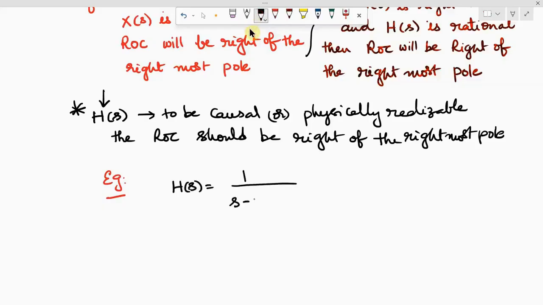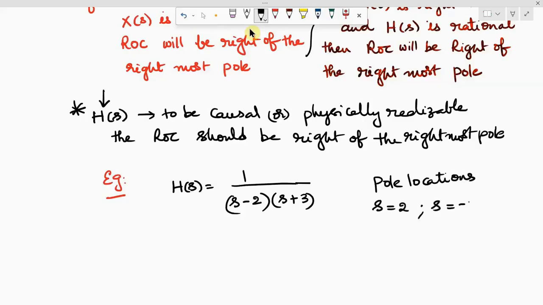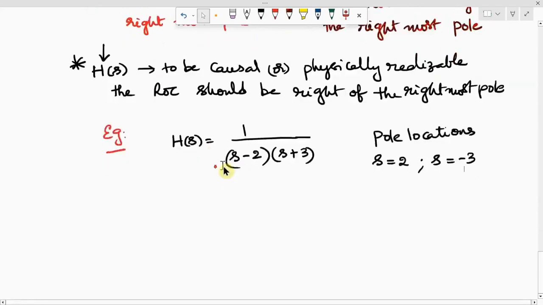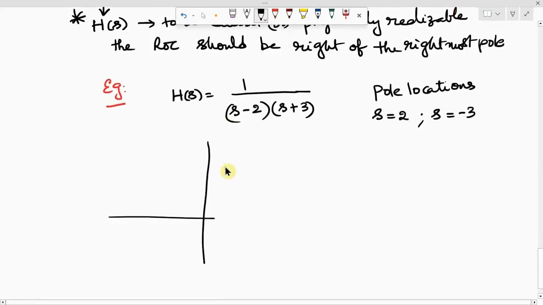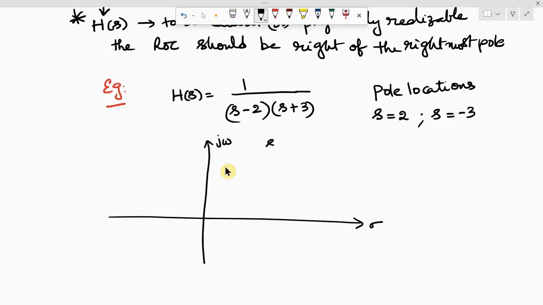Okay. Now see, I'm going to write a transfer function as an example, having two poles: s minus 2 and s plus 3. Tell me, what are the pole locations? s equal to 2 and s equal to minus 3. If we represent that in the s plane, let me show the locations of poles.